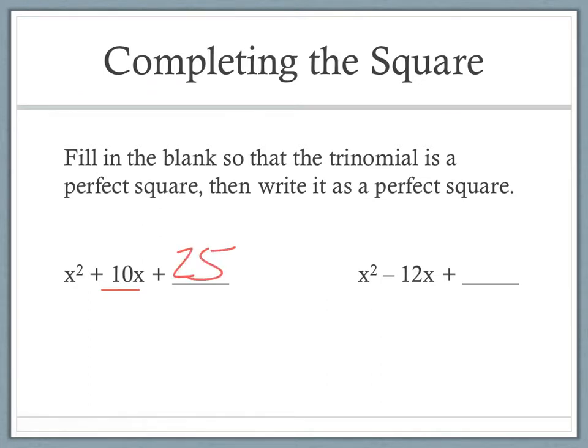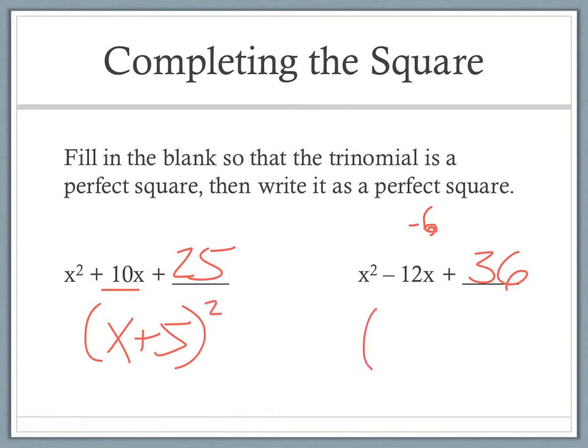Same over here, half of negative 12 is negative 6. Square it is going to give me 36. Now, if I factor these, this would end up being x plus 5 squared, and this would be x minus 6 squared. This step right here is going to be really helpful when we go to completing the square. This is kind of the basic building block.